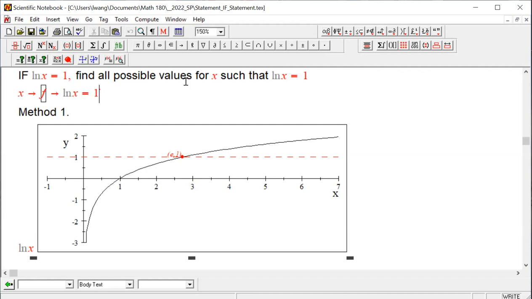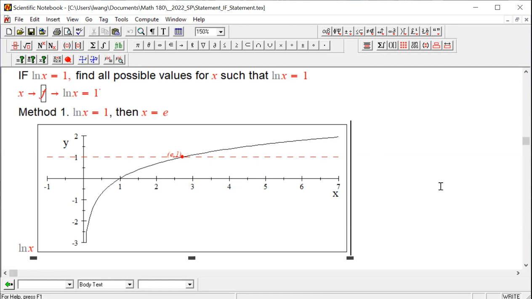So the first method: if ln x equals 1, then x equals e. It's a 1-to-1 function. We talked about it before. We spent all the time graphing ln x, didn't we? So if you need to review that part, you should do that.